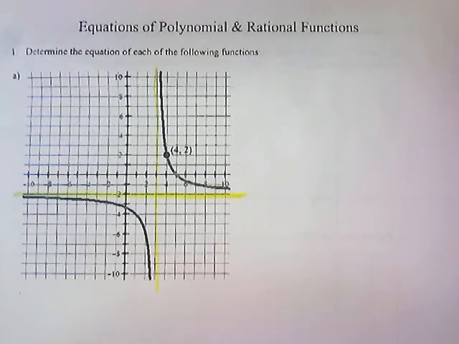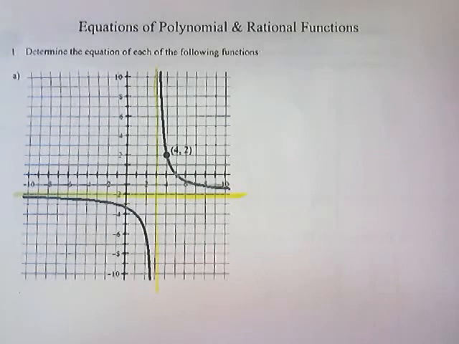From here, I'm going to think about what I use when I'm graphing. When we make a graph, we use our x-intercepts, our y-intercept, our vertical asymptotes, our horizontal or oblique asymptote, and a hole if we happen to have one.